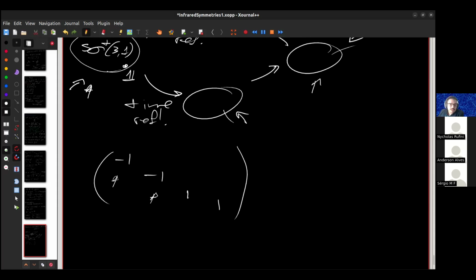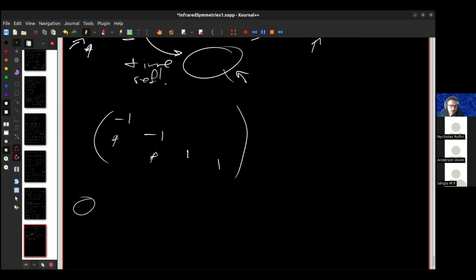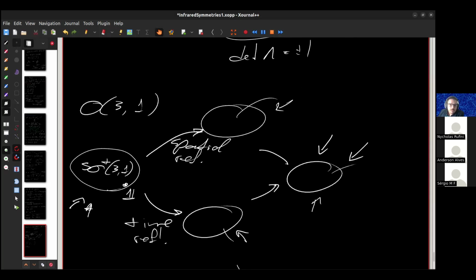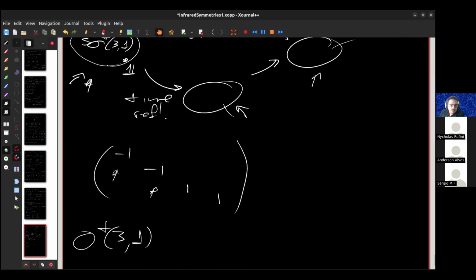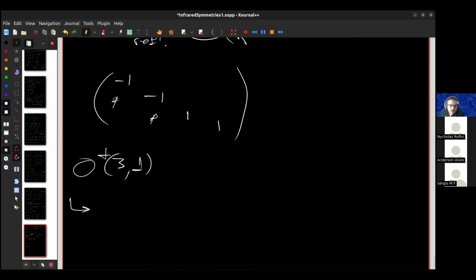So we're actually also going to define what we call the orthochronous Lorentz group. SO is called the proper Lorentz group. So this is the proper. This is the orthochronous.